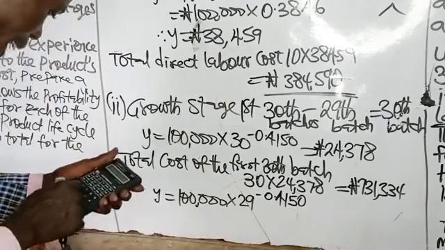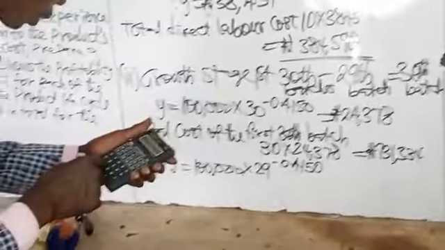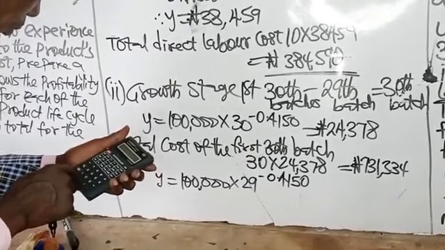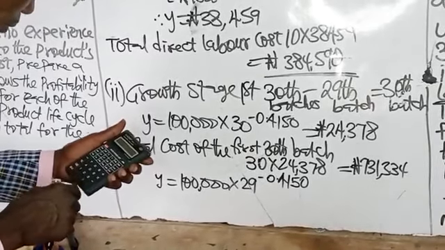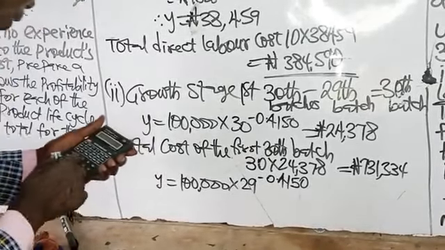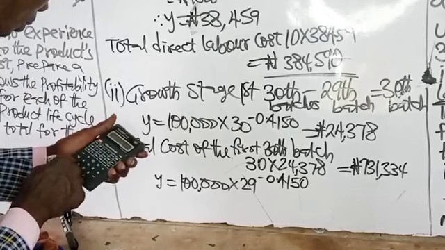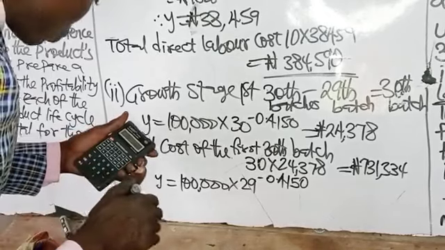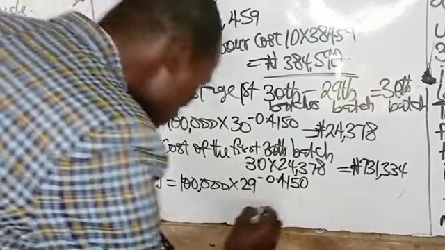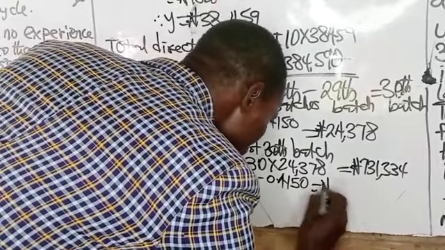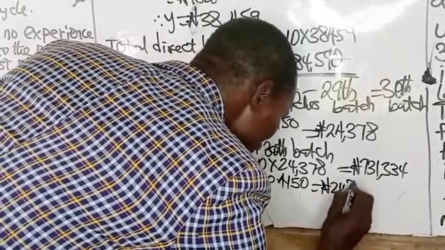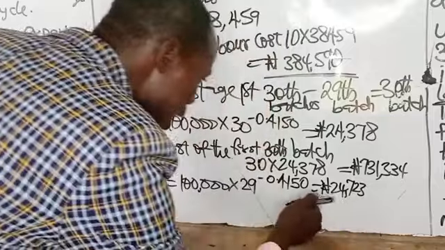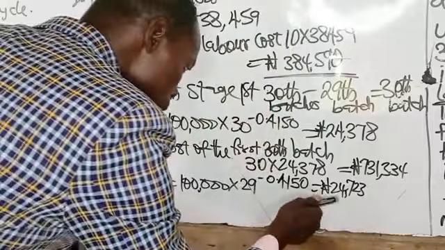So 29 raised to the power minus 0.4150, times 100,000. Then we have 24,723. Remember, this is the average cost per batch.